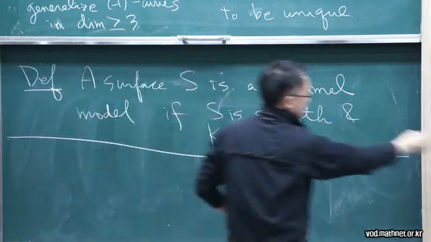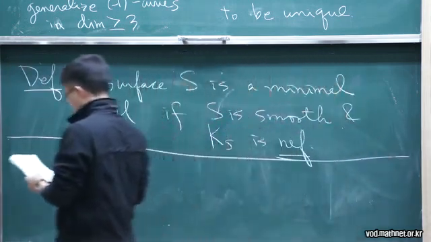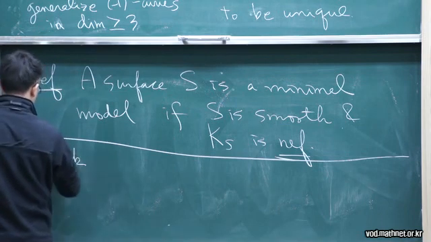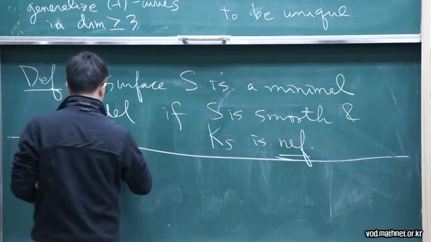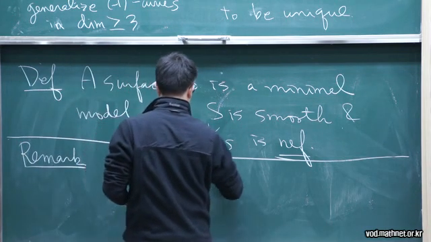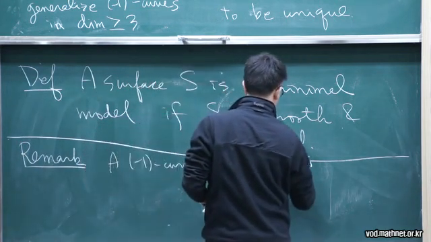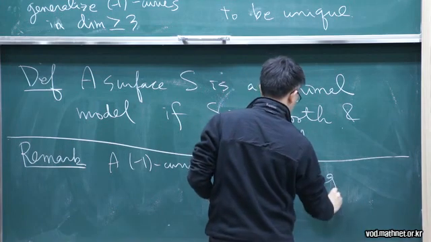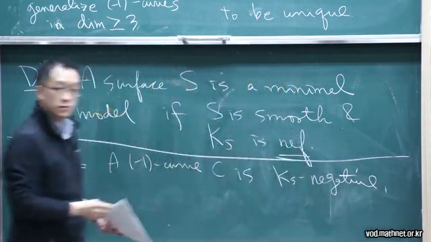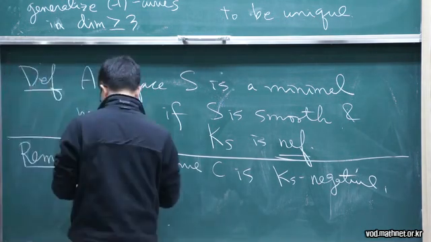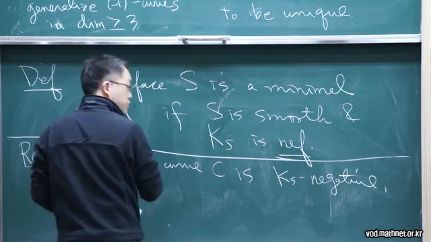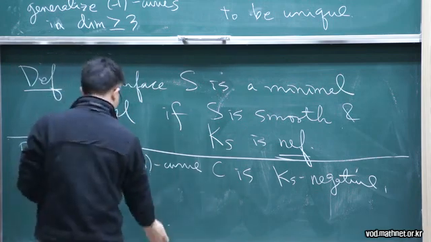So let's compare these two definitions. This is also a very obvious remark, but for a -1 curve C, K dot C is negative. Okay. This is very easy to check using the adjunction, the genus formula.